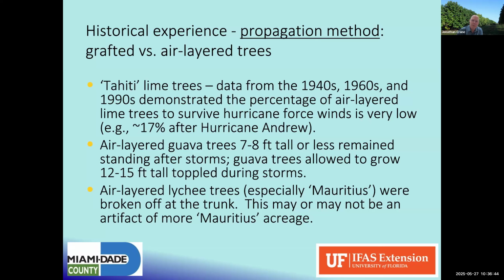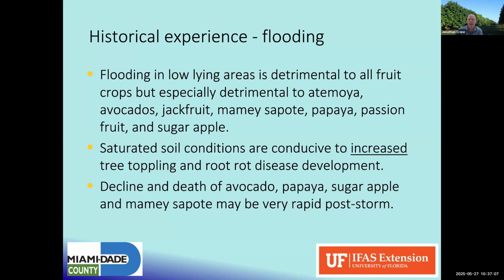So we also know that flooding in low-lying areas was especially detrimental to things like atemoyas, avocados, jackfruit, mamey, papaya, passion fruit, and sugar apple. And also, with saturated soils the trees are much more likely to fall over, as we saw in those Category 2 storms, because the ground was so saturated with water.